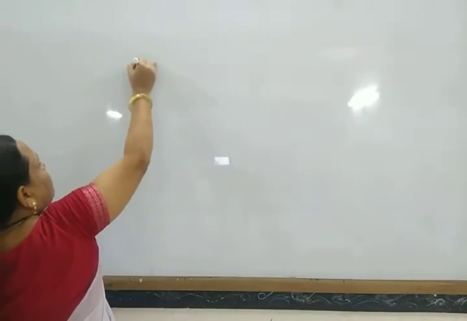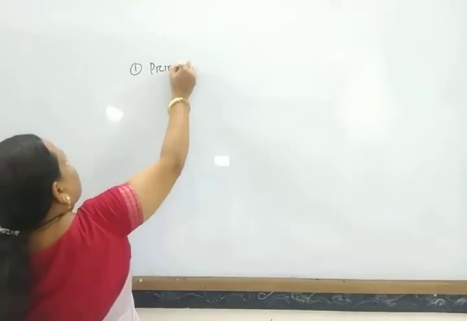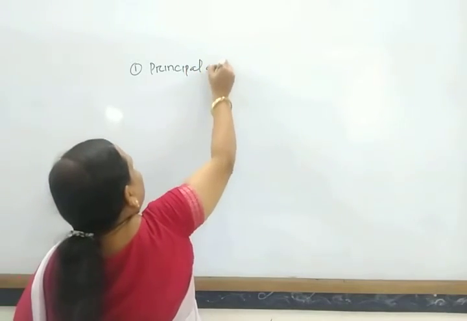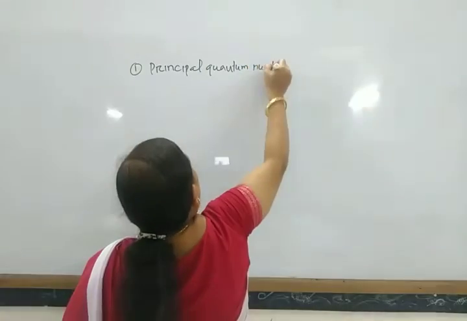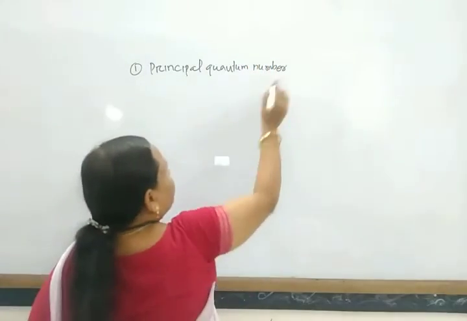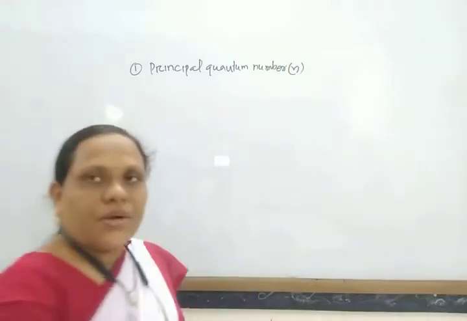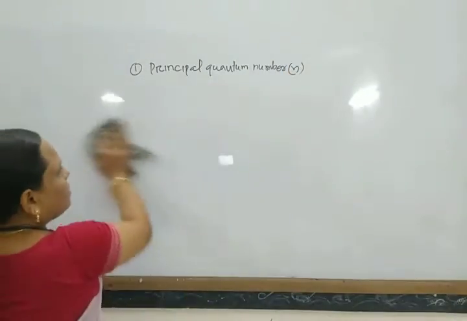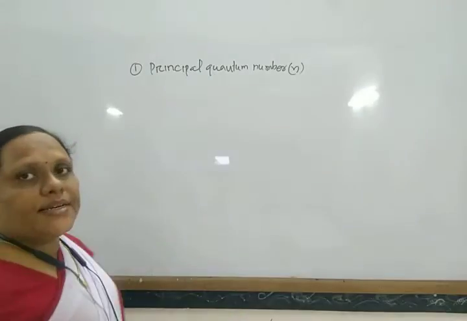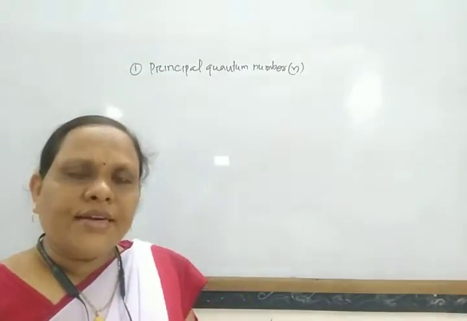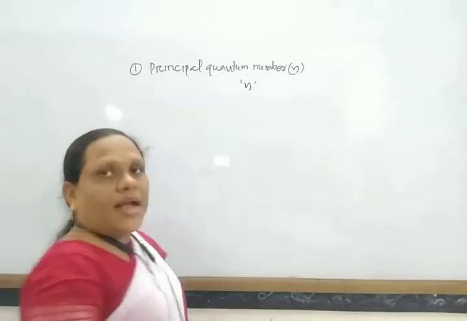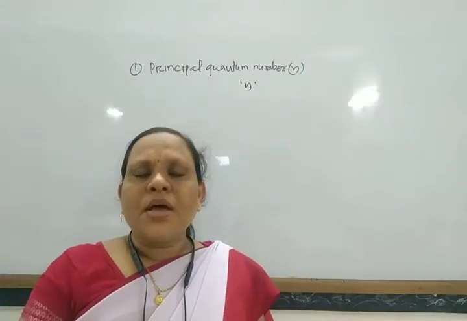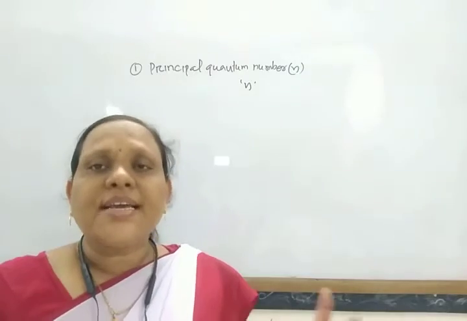So first come to principal quantum number. This principal quantum number is given by scientist Bohr and represented by letter N. And this quantum number represents the electron belongs in which energy level.